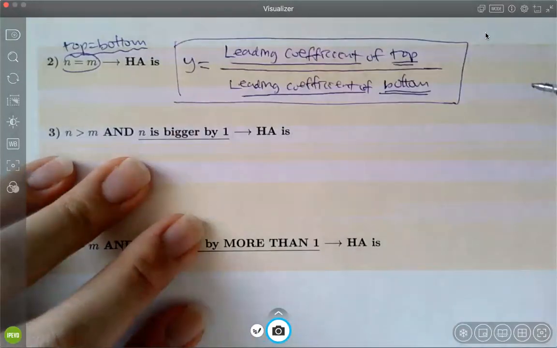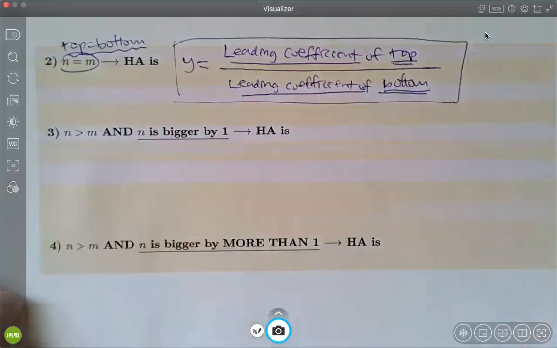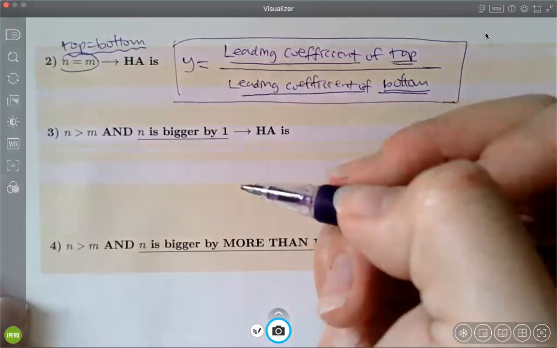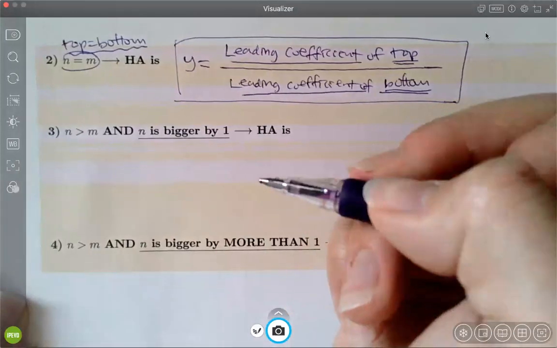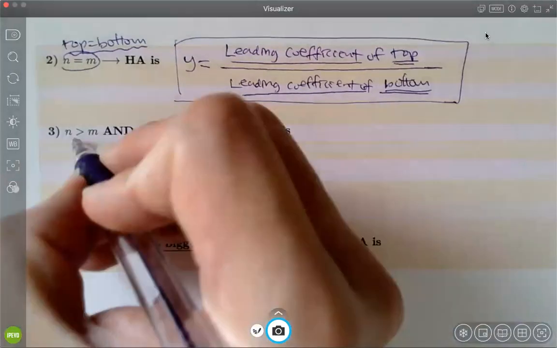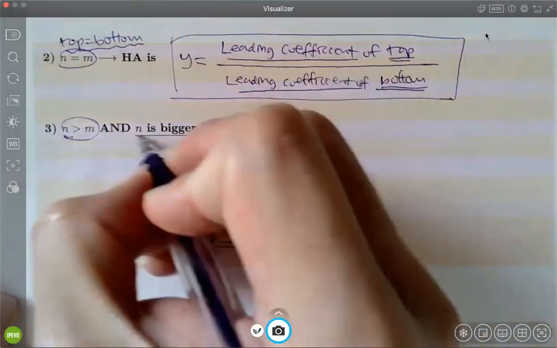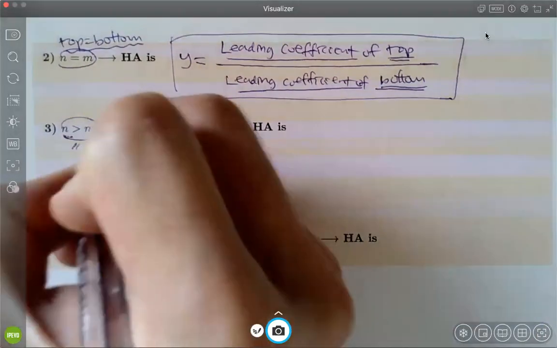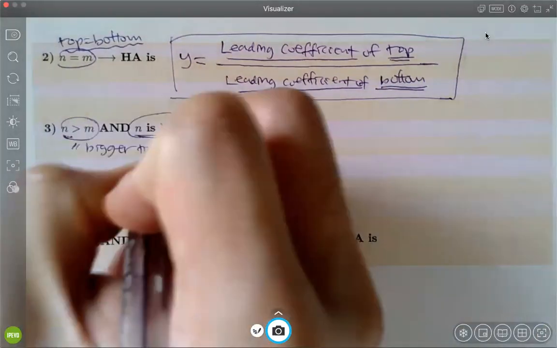And now the third case is apparently what? The top is bigger, right? And that's where we have 2 subcases. So now top is bigger and it's bigger by 1. I always say bigger top by 1.